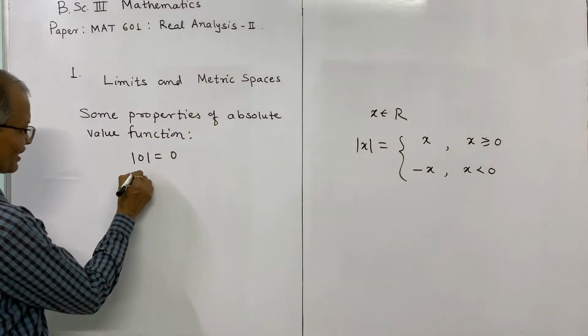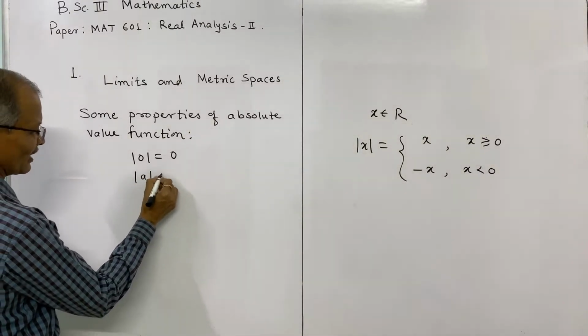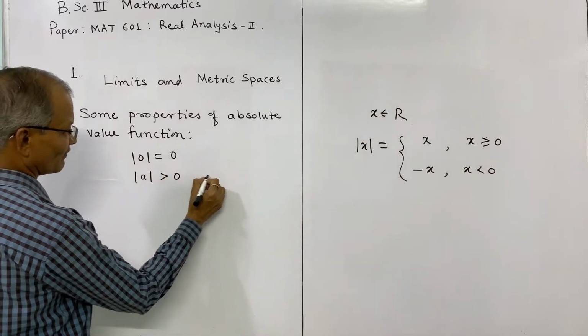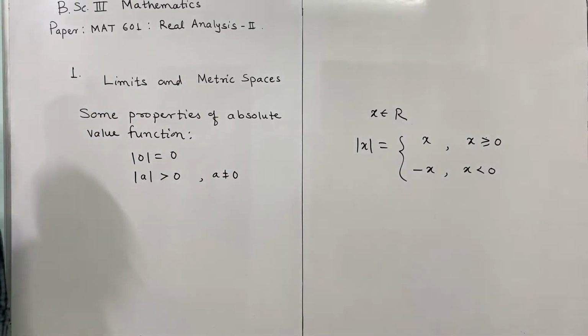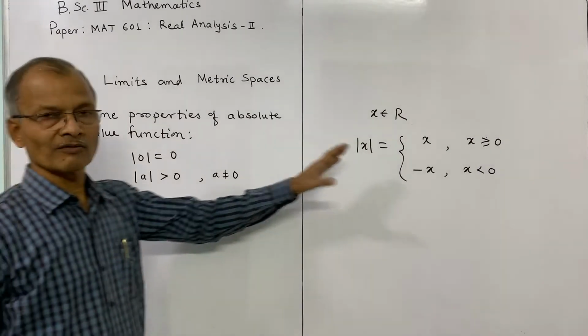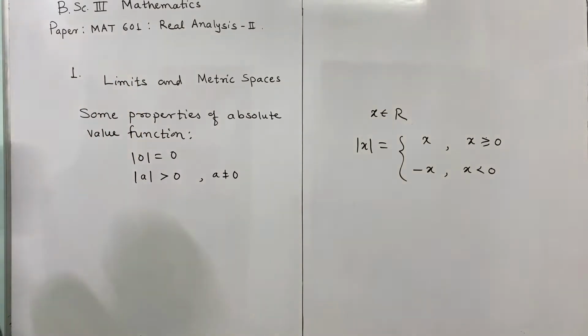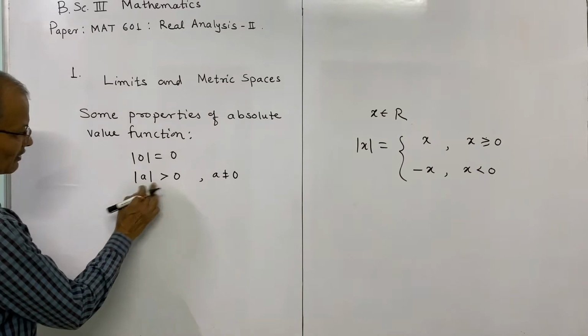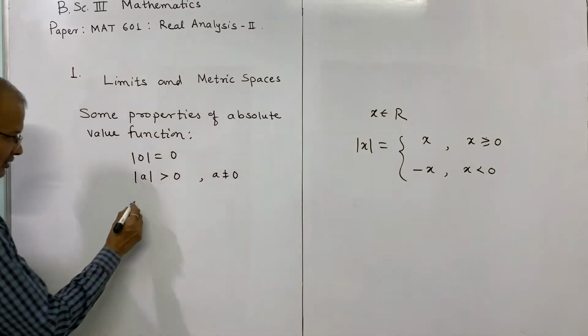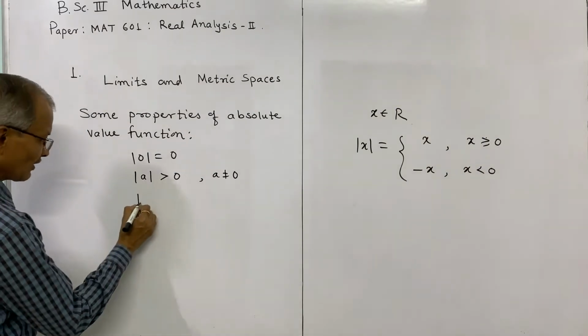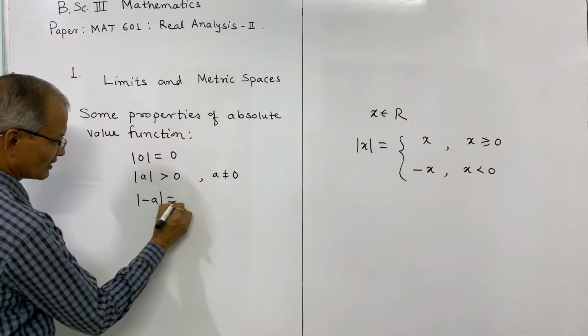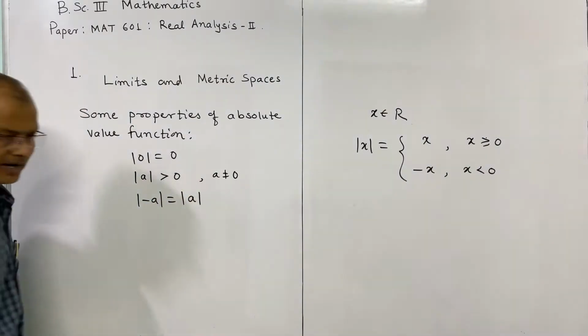Further property can be considered as: absolute value of a is greater than 0 if a is not equal to 0. So the absolute value always results in a non-negative real number. Absolute value of negative a is the same as absolute value of a by definition.